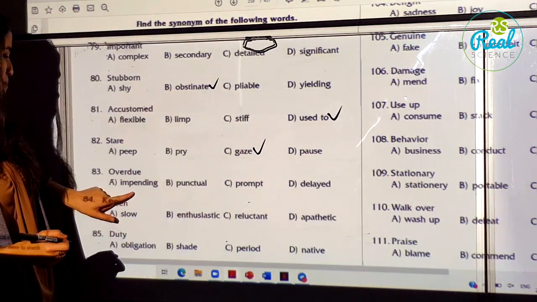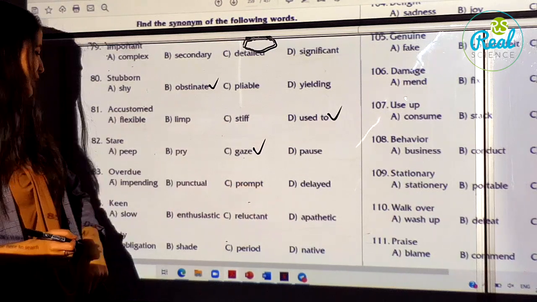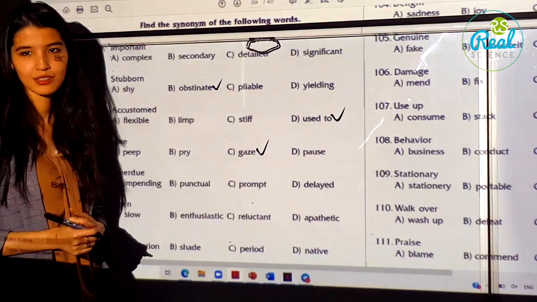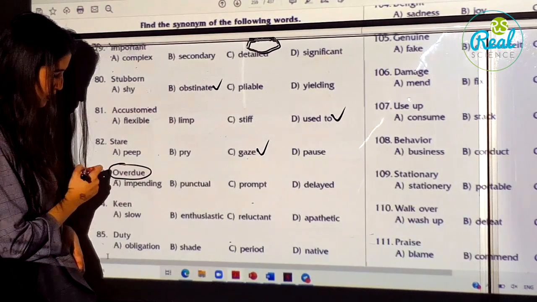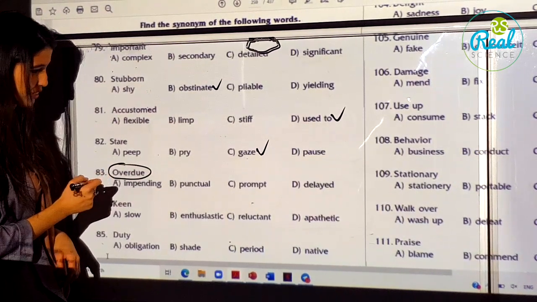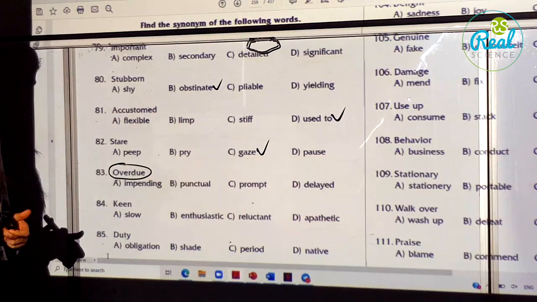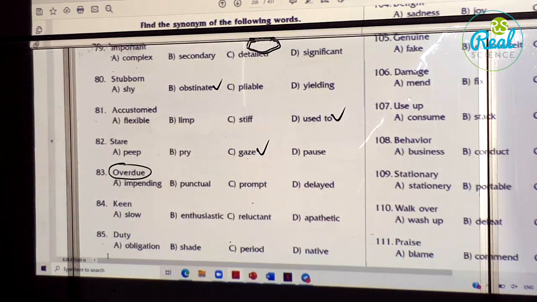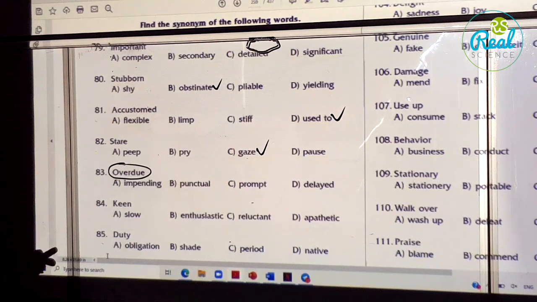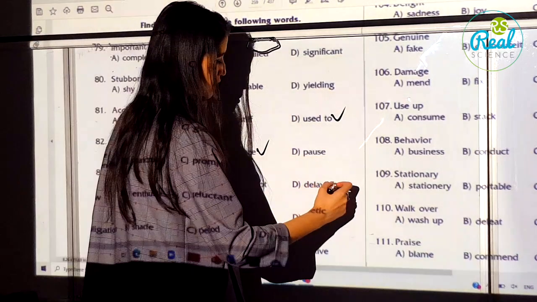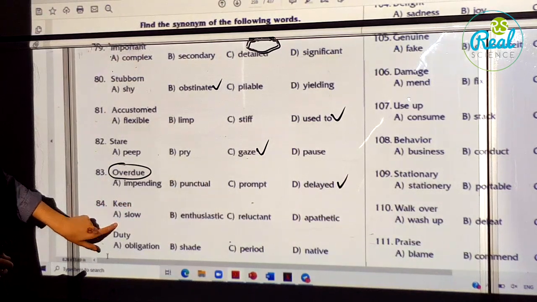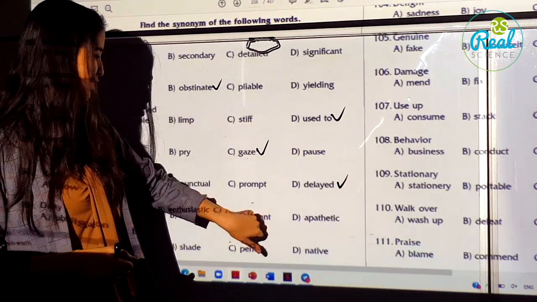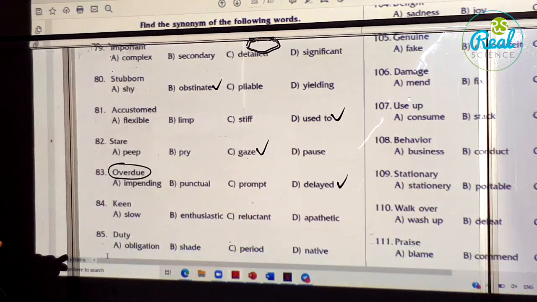Okay, overdue, impending, punctual, prompt, or delayed. Which one? Overdue? Impending. Delayed. Postponed. Why are you uncertain? All agree for delayed? Yes, because it's the correct answer. Okay, teen, slow, enthusiastic, reluctant, or apathetic.